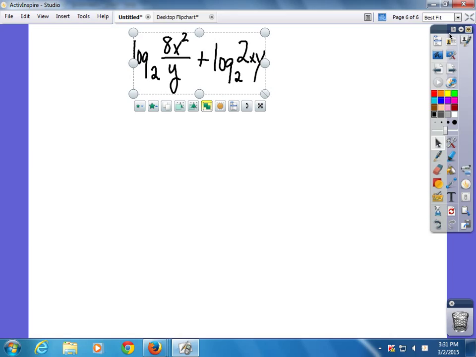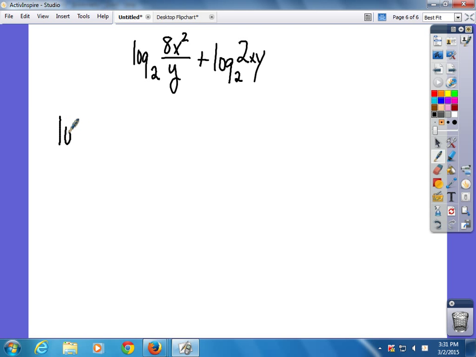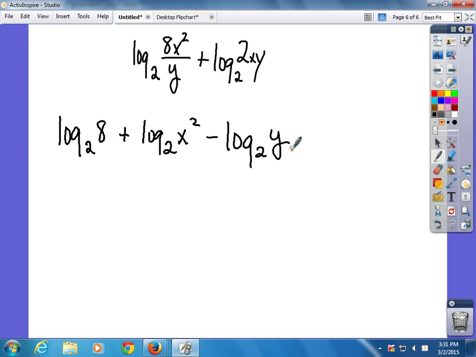This means subtraction, and this means addition. So we're going to expand this thing out. Log base 2 of 8 plus log base 2 of x squared minus log base 2 of y. So that's this part right here.